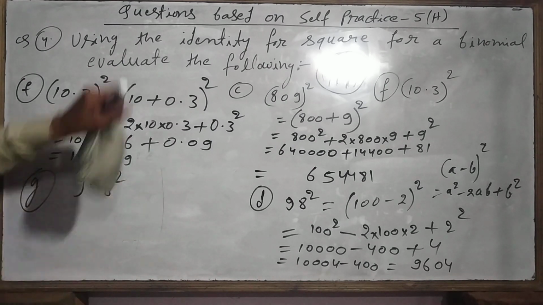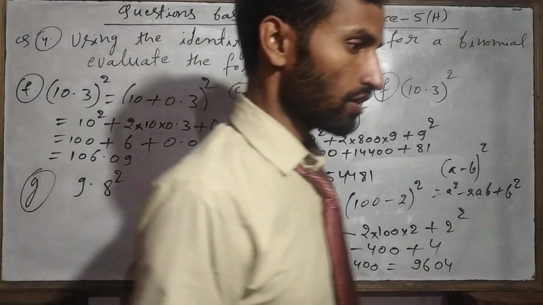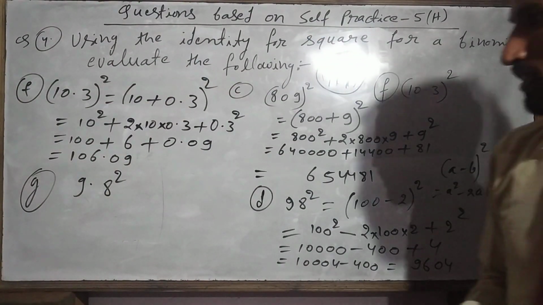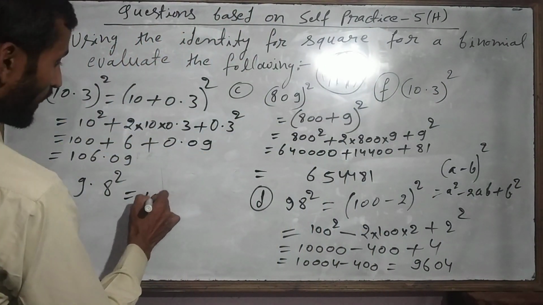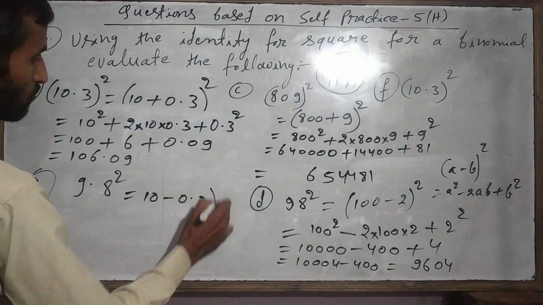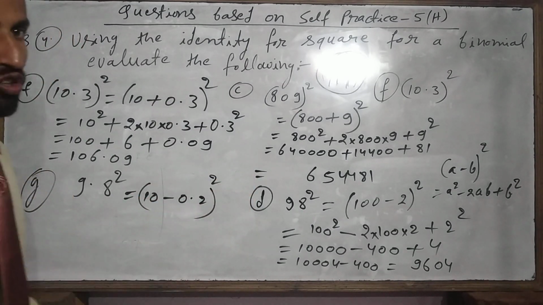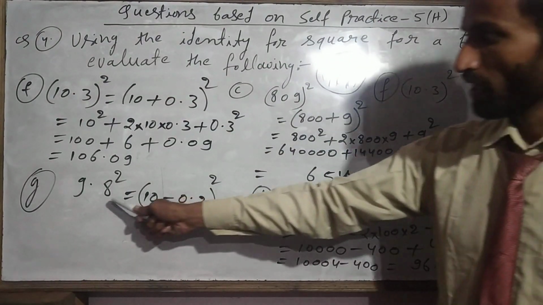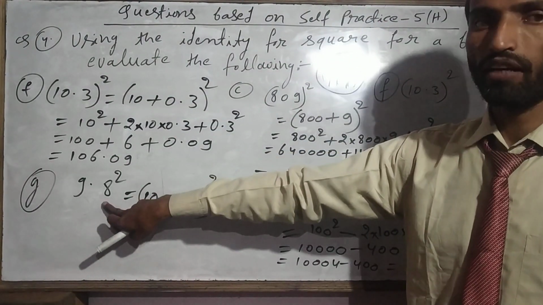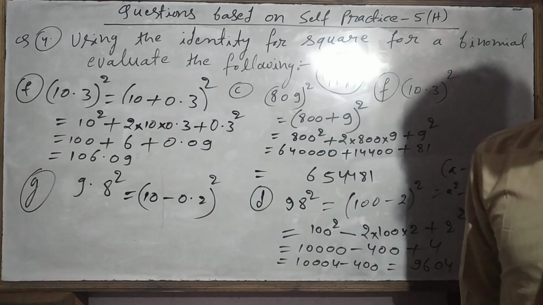So what will we do in these types of questions? 9.8 square is there. In this question we can write like this: 10 minus 0.2. We will subtract 0.2 from 10, then we will get 9.8 only. That's why I have written in place of 9.8, 10 minus 0.2 whole square.